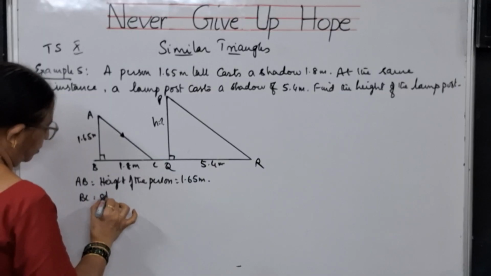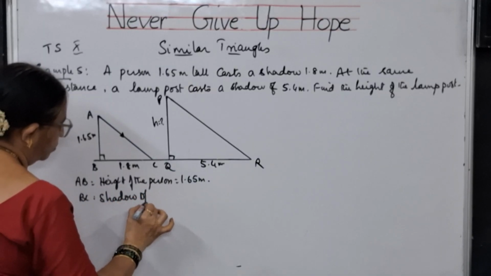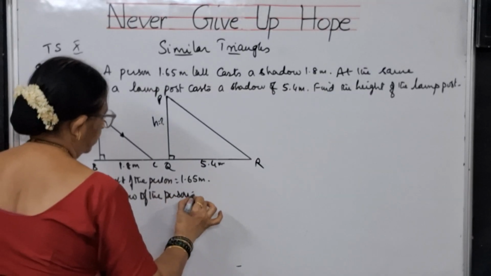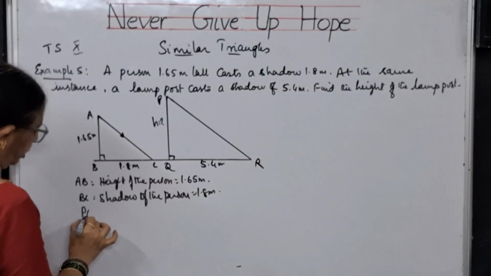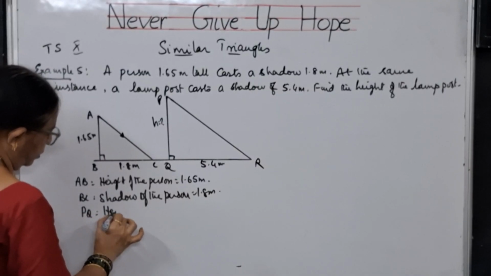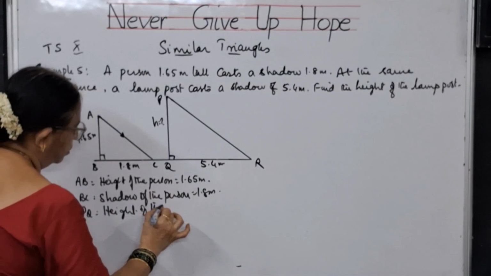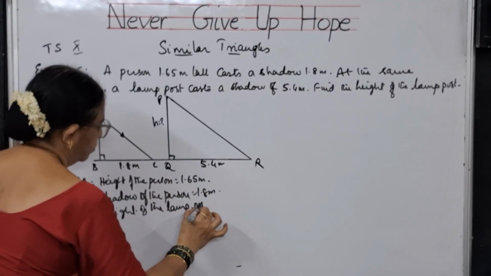BC is the shadow of the person, 1.8 meters. PQ is the height of the lamp post.